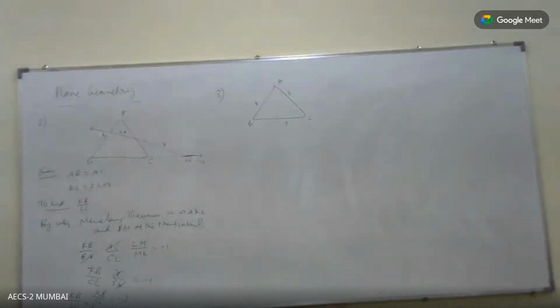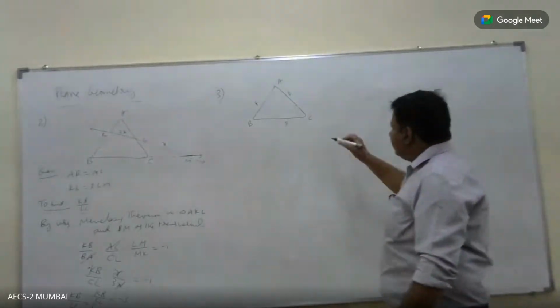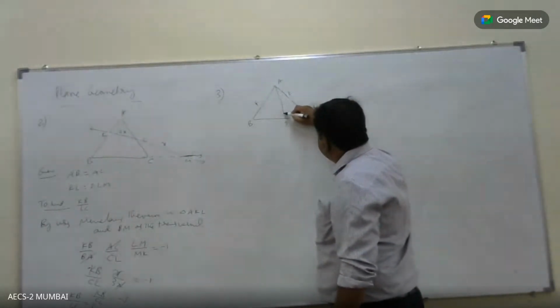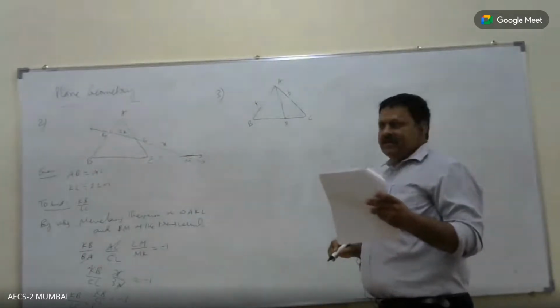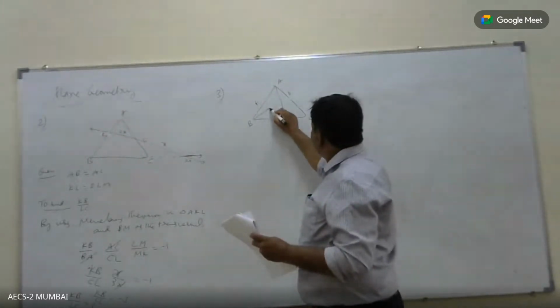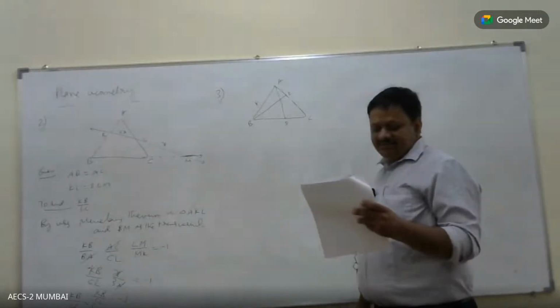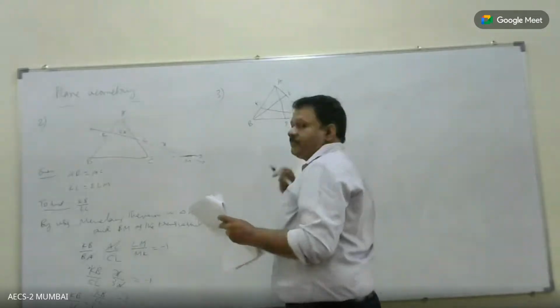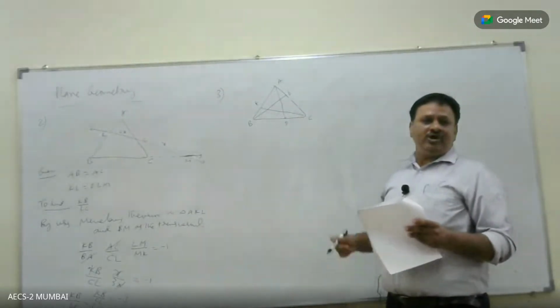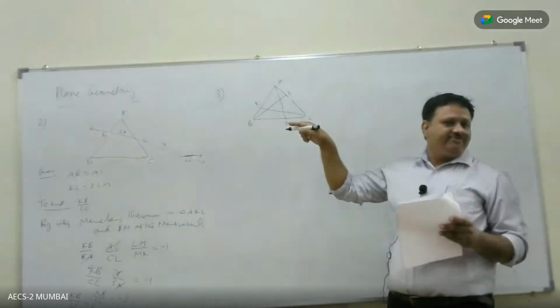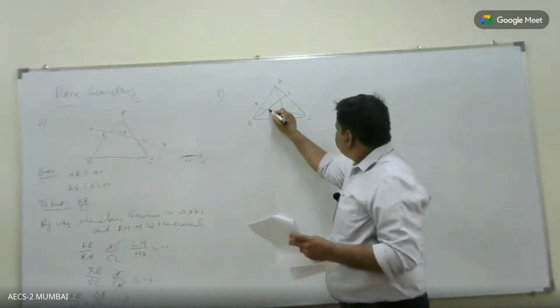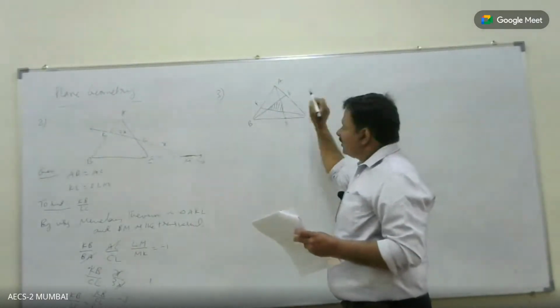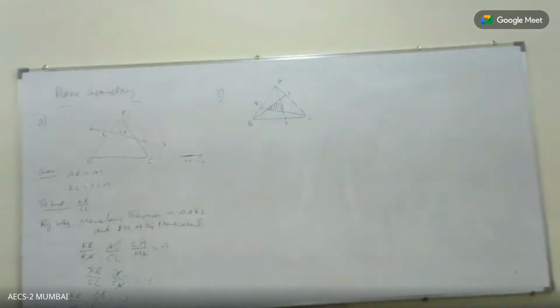So join AD, join BE, join CF. The triangle formed by these lines. Where is the triangle? This is the triangle. How many of you got this diagram right? Good. More than half.